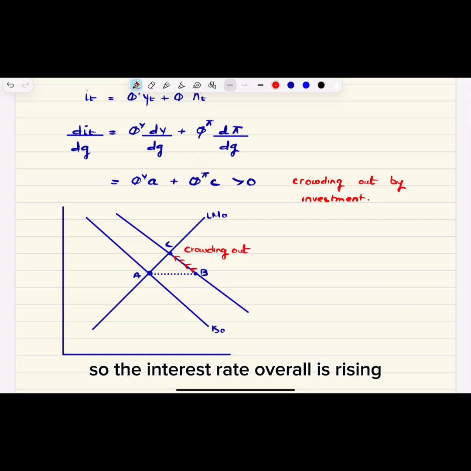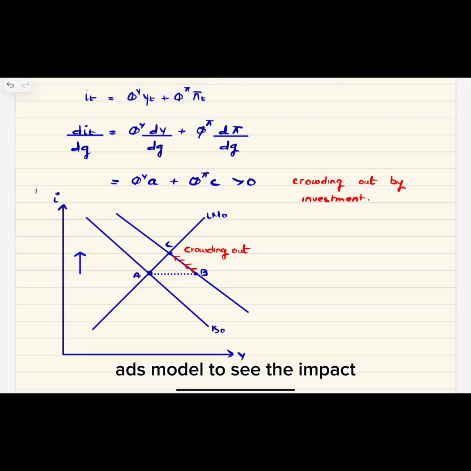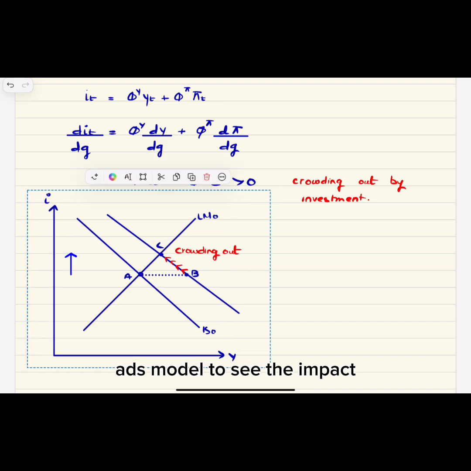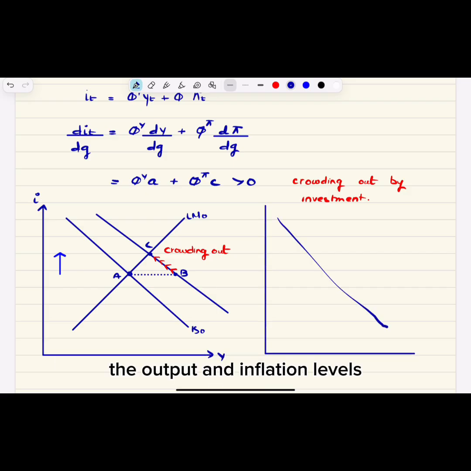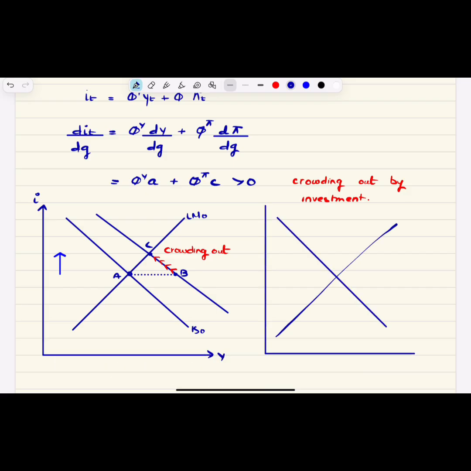So the interest rate overall is rising, and we can use the AD-AS model to see the impact a rise in government spending would have on the output and inflation levels.